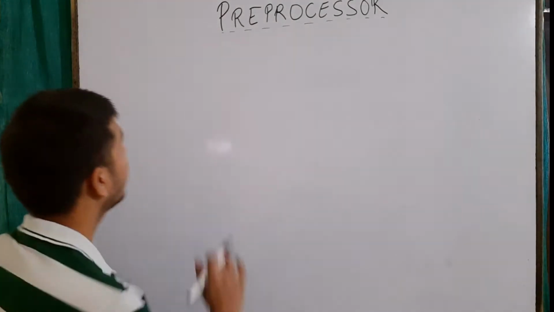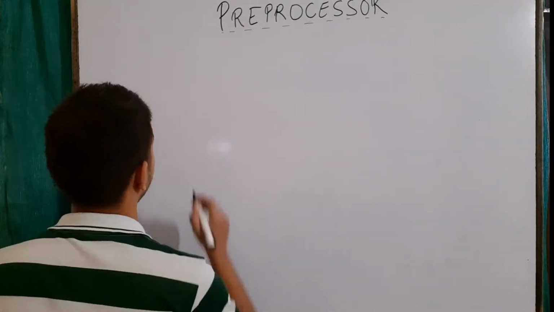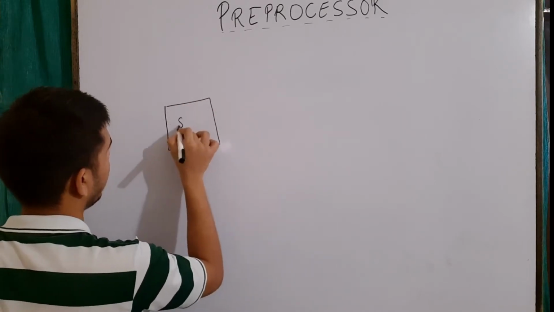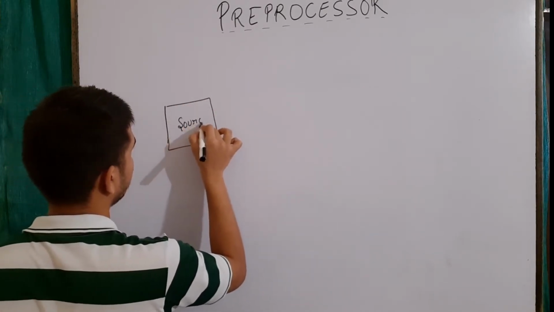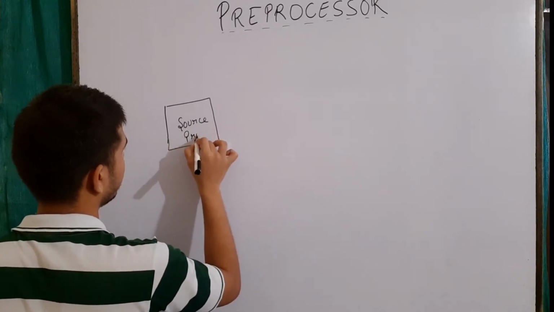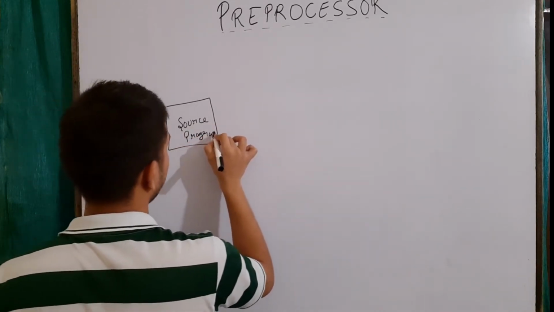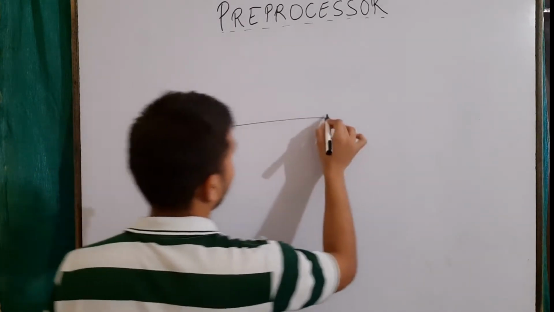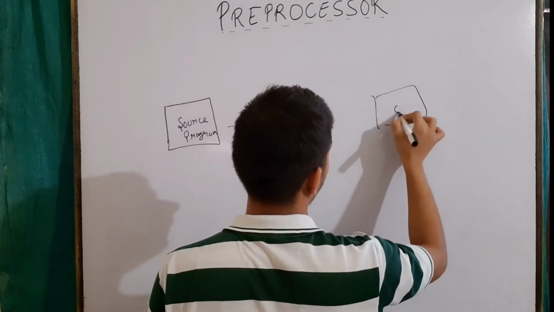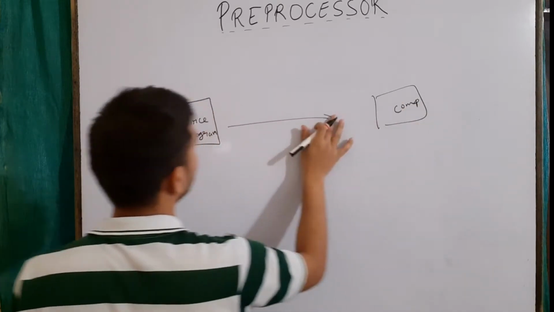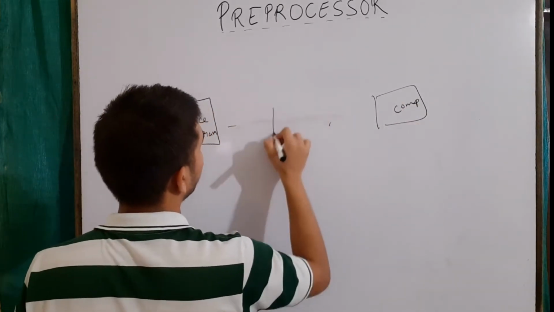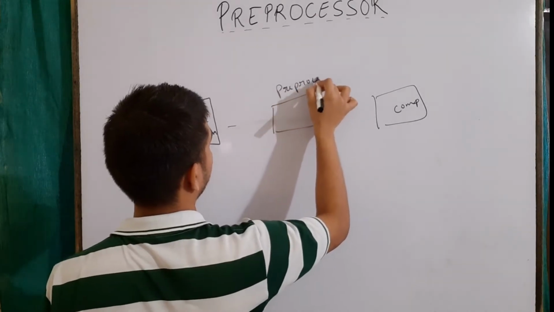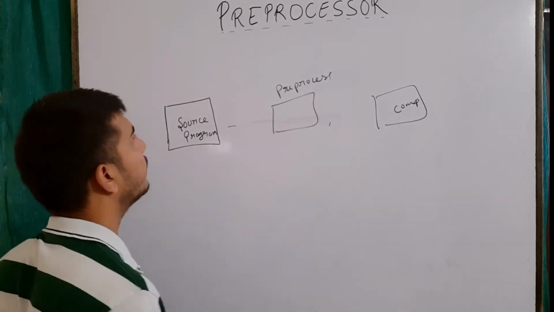Okay, so preprocessor in C. Let's say we had our source program. Then remember, before going to the compiler, it goes to a preprocessor. So what actually is a preprocessor?